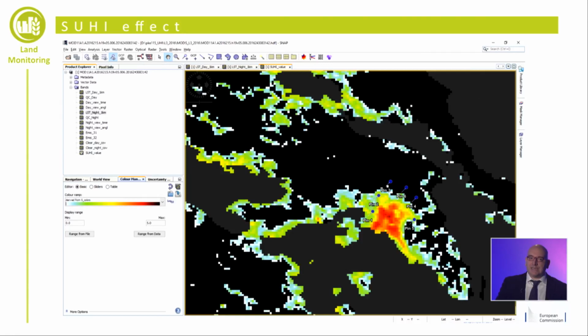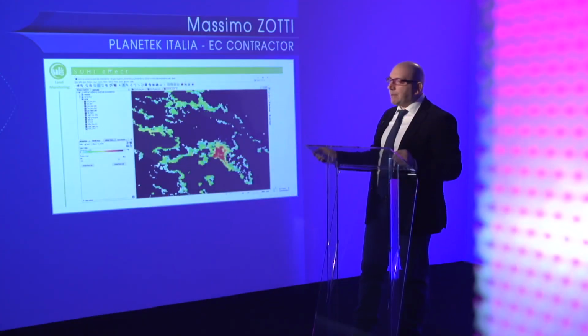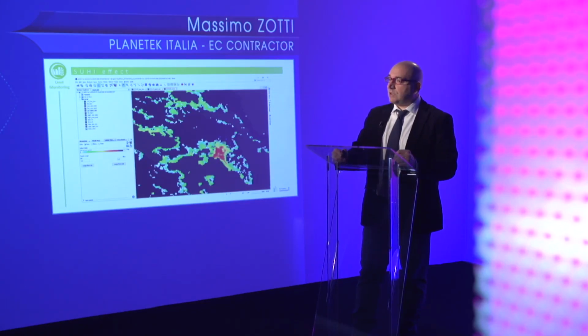The result is a map which colors all pixels whose land surface temperature is above the mean value we indicated. In the Athens center, we can see that the temperature difference is up to 5 degrees with respect to our reference value. This is a numerical estimation of the surface heat island effect.